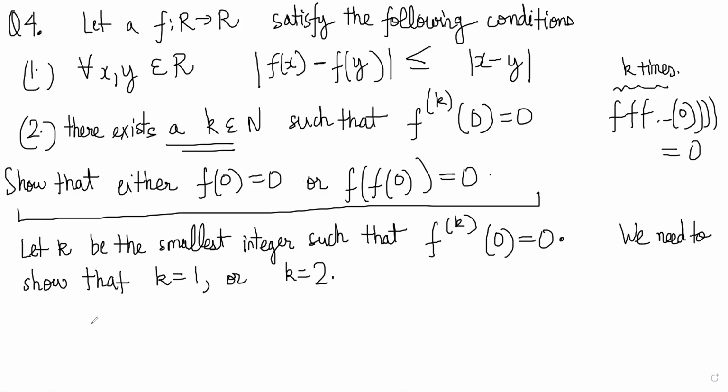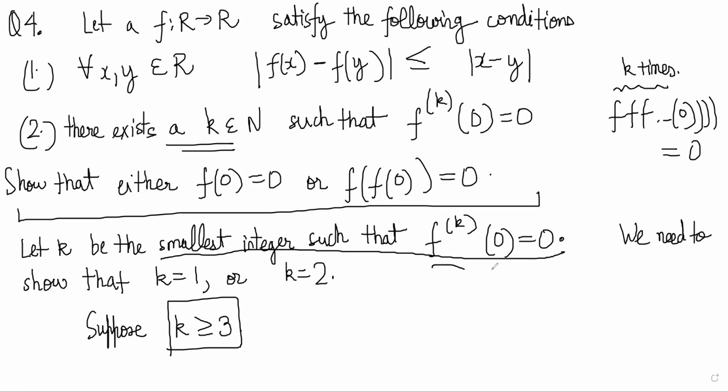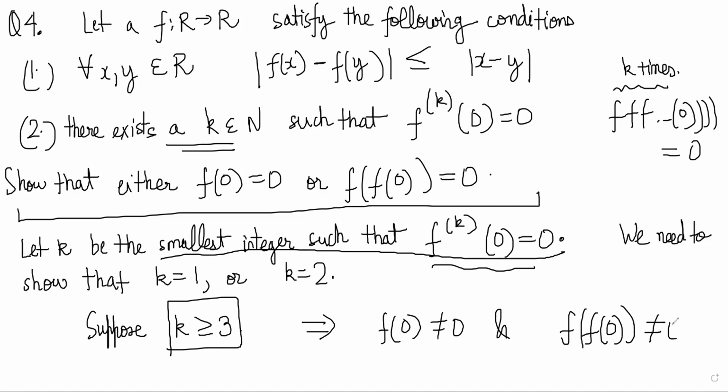So we will prove by contradiction. We'll suppose k is greater than or equal to 3. Because k is the smallest integer such that this result is true, this means f(0) is not equal to 0 and f(f(0)) is also not equal to 0.